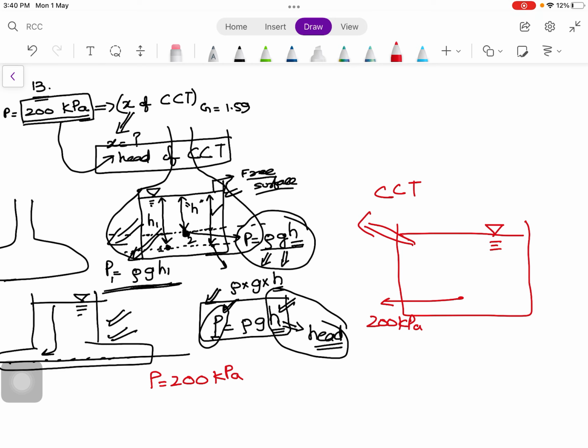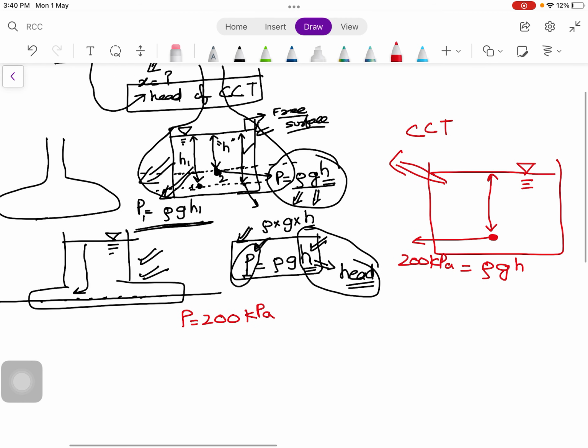So we know that this 200 kilopascal pressure would be equal to rho times g times the depth of this point in the carbon tetrachloride in this container.